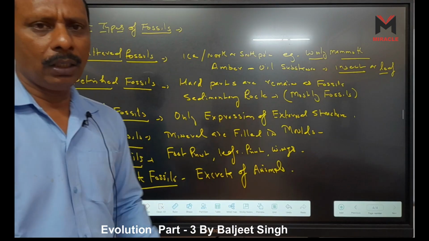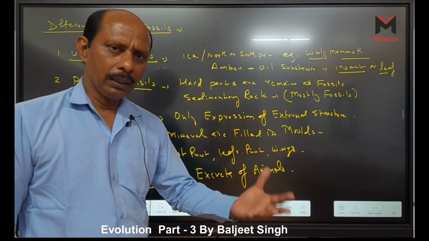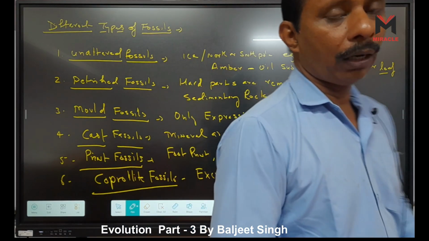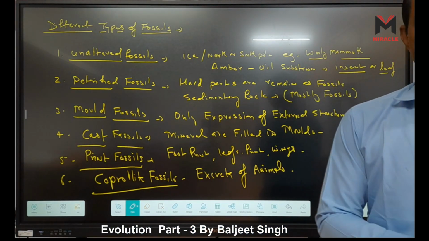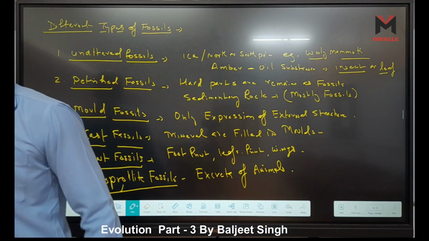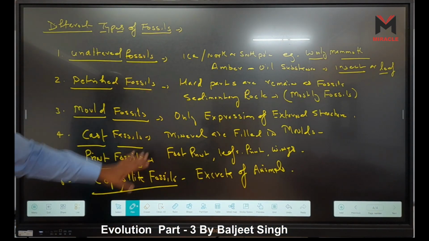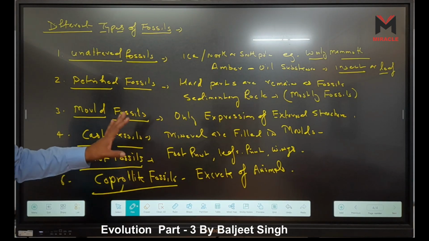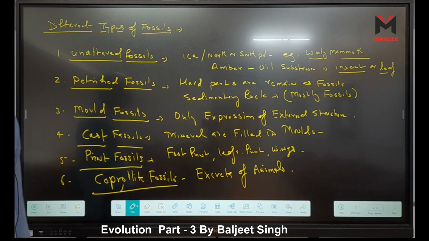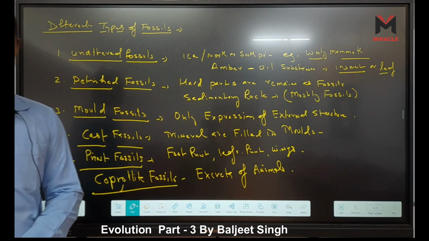Through this excreta, we understand that in this region, in this era or age, animals like rhinoceros were present who excreted the same type of excreta, right? These are the six types of fossils which make the first evidences of evolution, right?